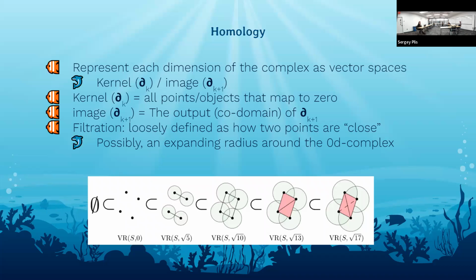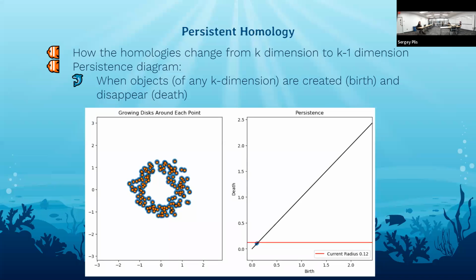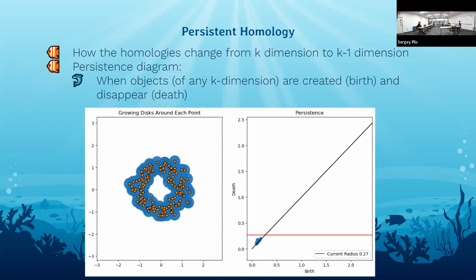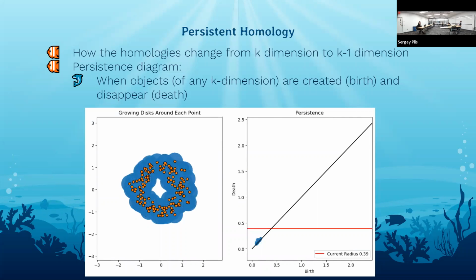As we increase, we are reducing the number of objects. This reduction is important because this is how we're going to define this homology, and rather this persistent homology.